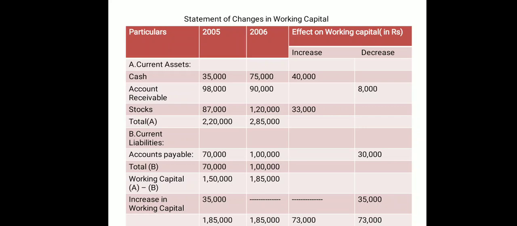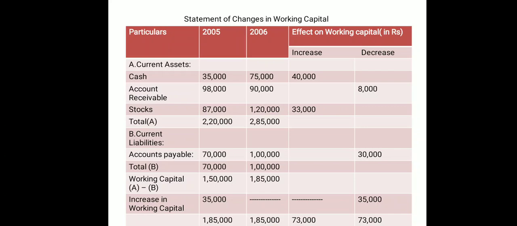And now, as we had only one current liability, the total of B is going to be 70,000 for 2005 and 1 lakh for 2006. Okay, and now the working capital formula again, current asset minus current liability. Current asset I have taken here as A and current liability as B. So here I have written working capital A minus B. The 2005 total of A was 2,20,000.